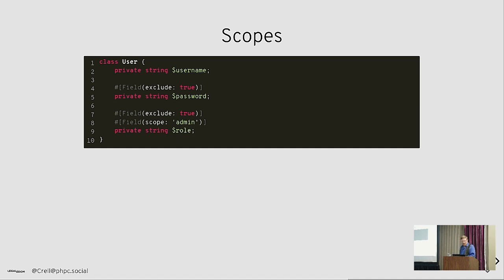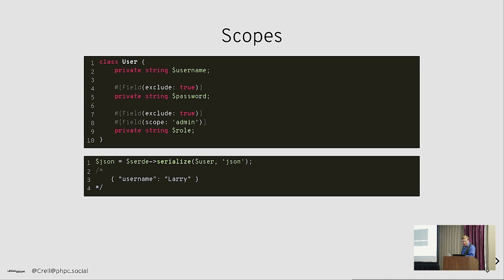In this case, the idea behind scopes is you say there's multiple versions of an attribute that's defining how the serialization works. And under different conditions, I want to use a different one, a different set. So in this case, we have a user object.